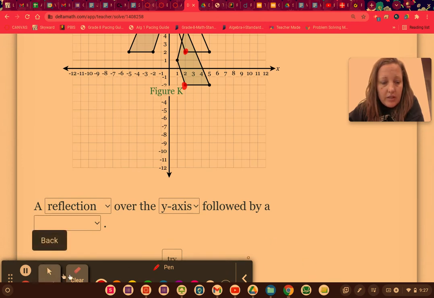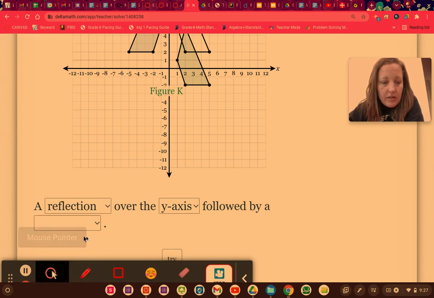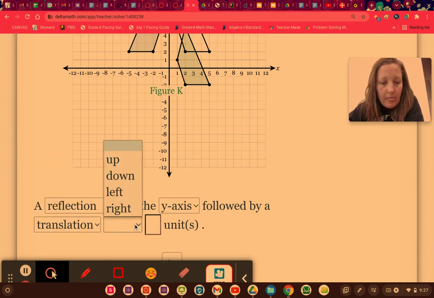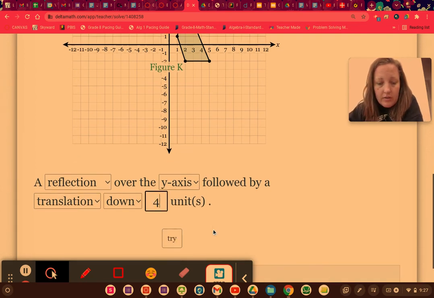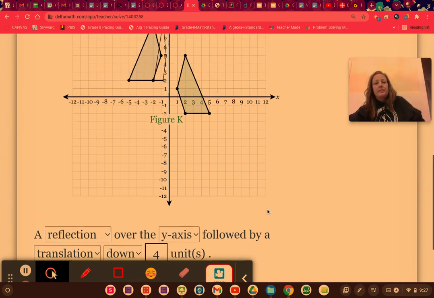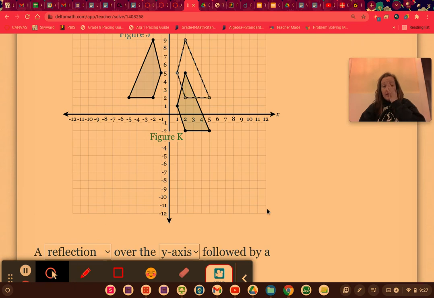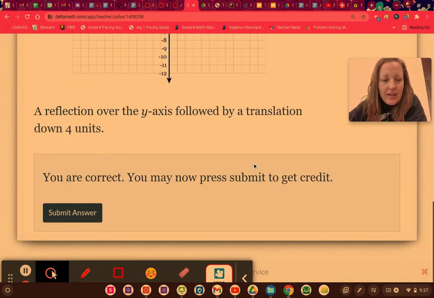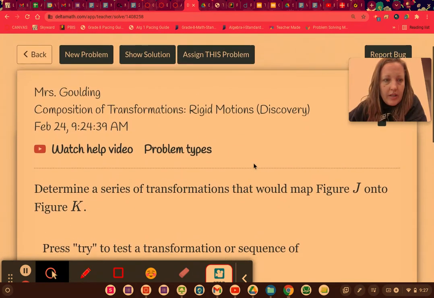Let me clear that and hit this. So we were right about a translation, but now we know down, and we're going to go 4 units down. So let's hit try. You see, the sounds help, and then you get it right. Okay, so that's good to go.